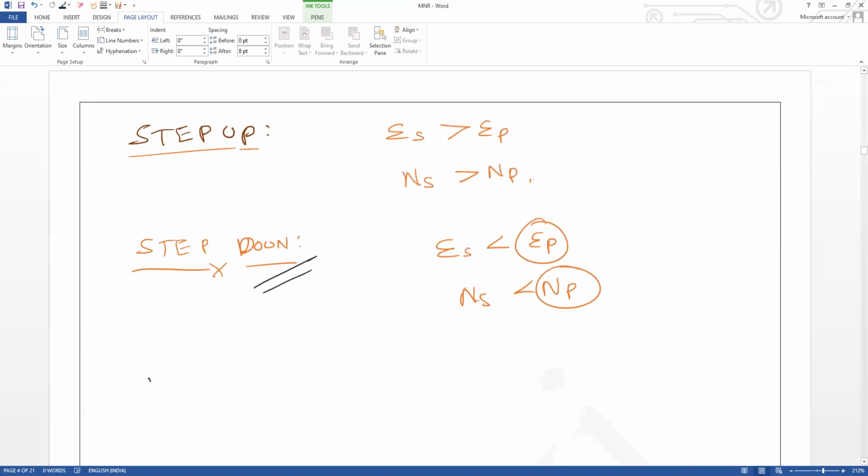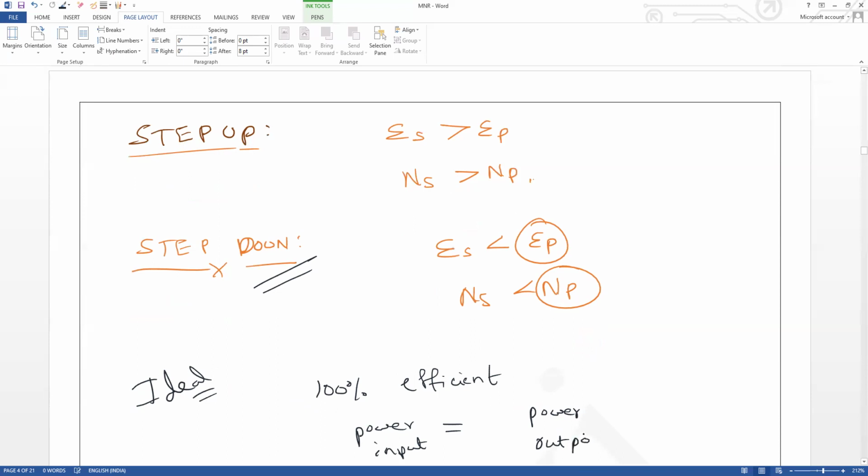So if I consider the ideal case, of course there is no ideal transformer, it will be 100% efficient, so the power input is equal to the power output. We all know this, but it does not exist in real life.